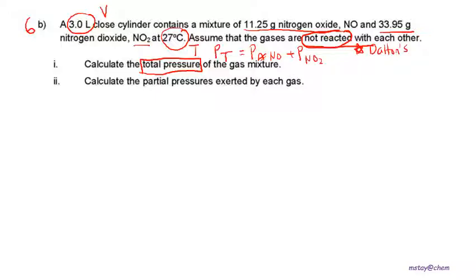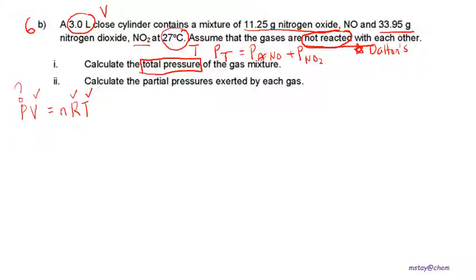However, if I want to find the partial pressure for the nitrogen oxide, I may use the equation PV equal to nRT. Volume is given, temperature is given, and the gas constant is also considered given. So we need to find out the total pressure.